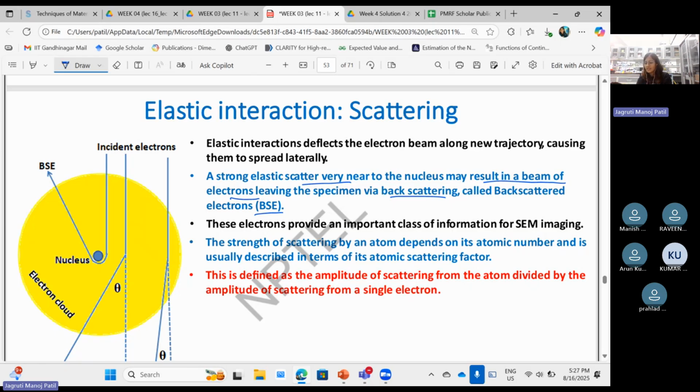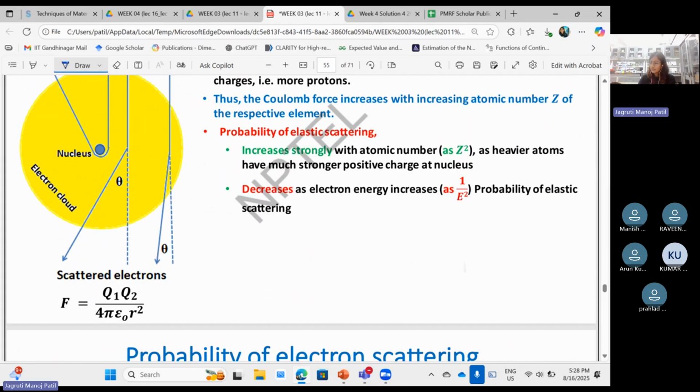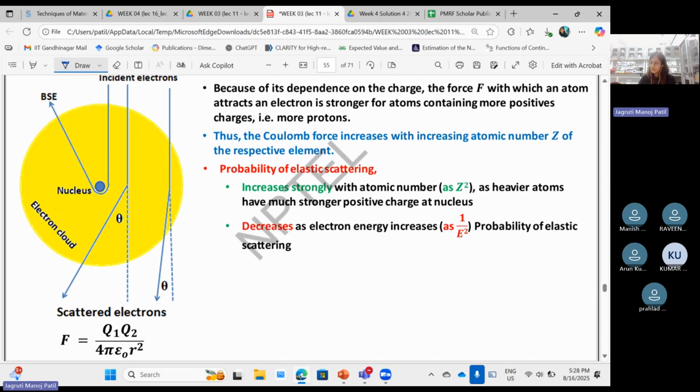But everything, as said, the strength of the scattering will depend on the atomic number, the atomic scattering factor, and the energy that the electron beam is taking back with it. Okay. So eventually, if you see this formula, let's just write it here also.